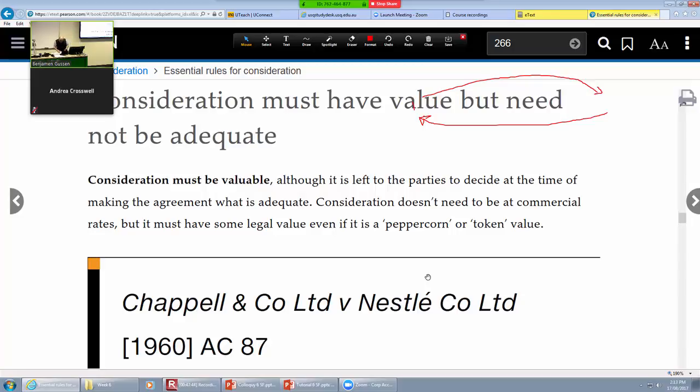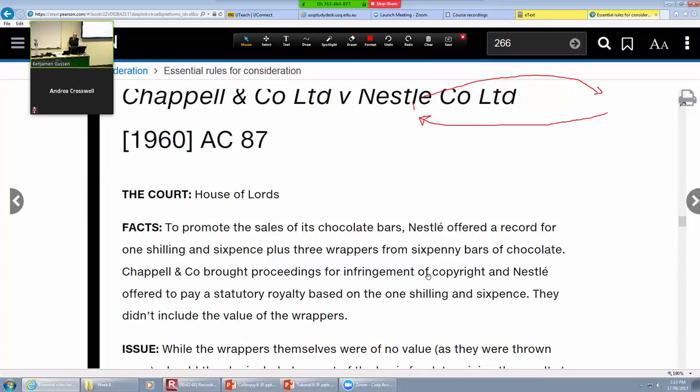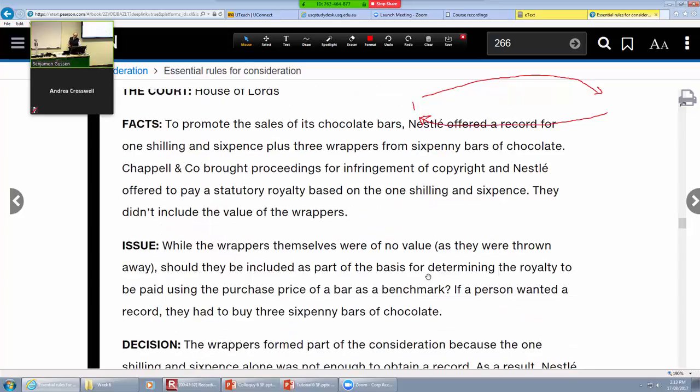Let's continue with page 266. Chappell. This is the Nestle case and the wrappers. 1960.